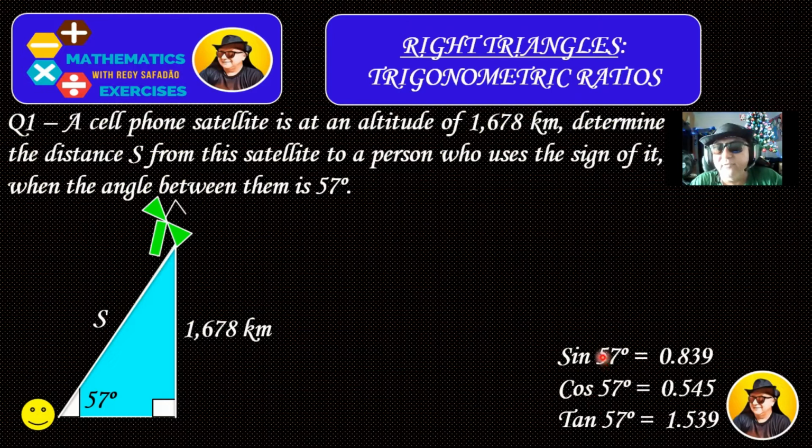This is 57 degrees. Well, we are going to use only one of them. The problem gives us the three, sine, cosine, and tangent, but we are not going to use all of them. We are going to use only one of them, either sine, cosine, or tangent. Let's check which of them we are going to use.